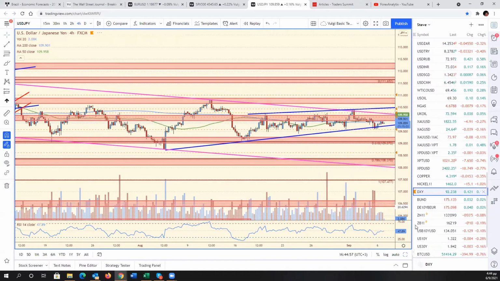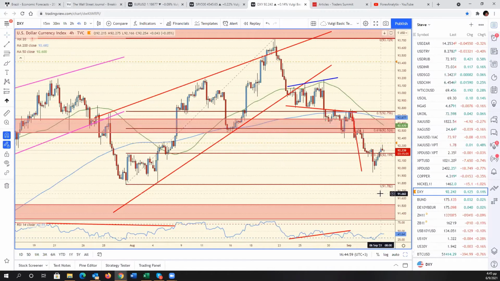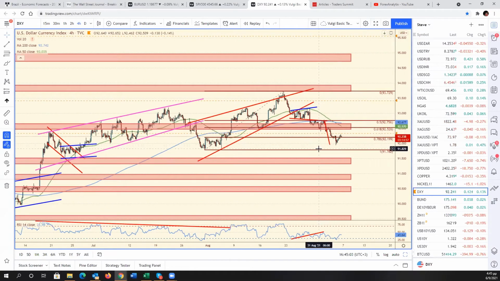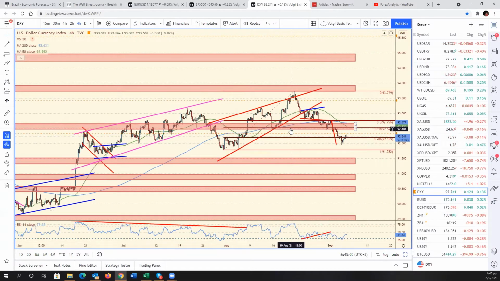DXY. Resistance back at 92.50, and support at 91.80. Those are quite clear on this chart.